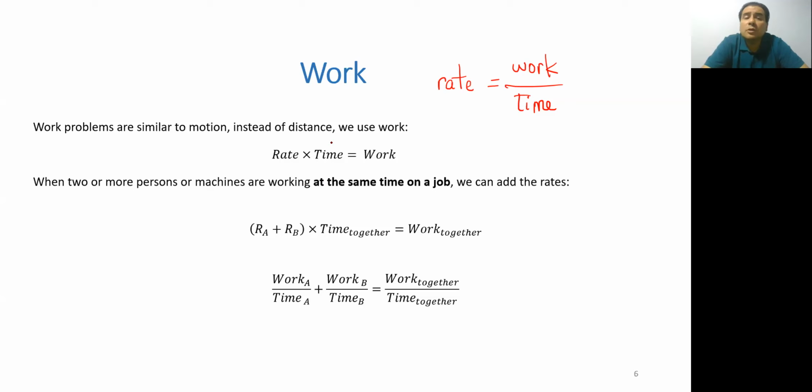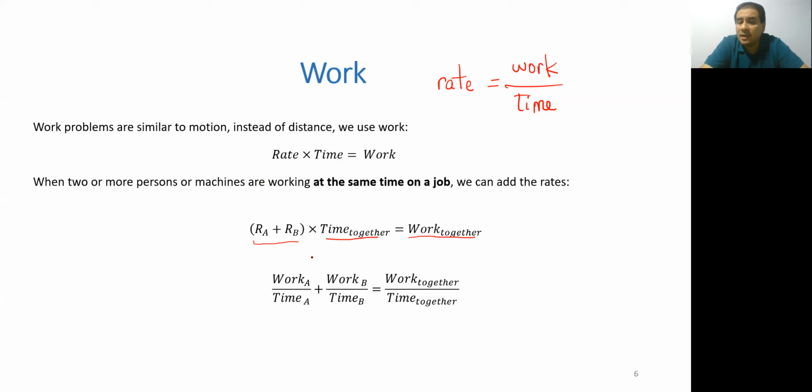So when you are told in problems that 2 or more persons or machines are working at the same time on a job, we can add the rates of these 2 machines or persons. So the sum of 2 rates multiplied by the time they work together equals the work they do together.